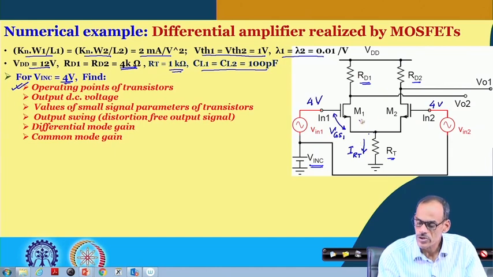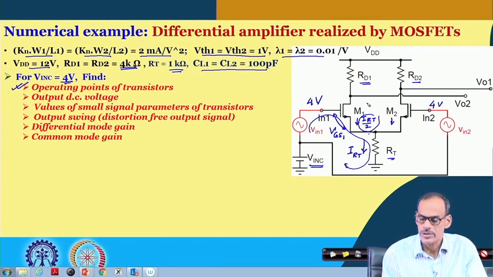And again because of identical transistors M1 and M2 and RD1 and RD2, the currents are getting equally split into 2 branches. So, this is IRT by 2. So, if I consider this loop and if this voltage is given to us, from that we can find what will be this current, or we can say what will be the corresponding IDS current of transistor 1.